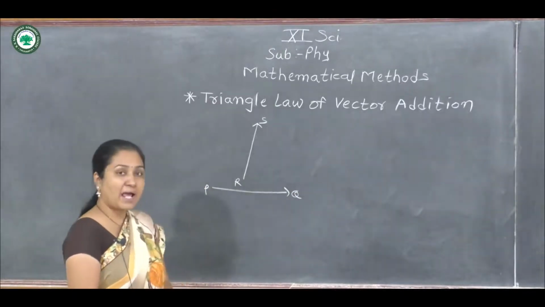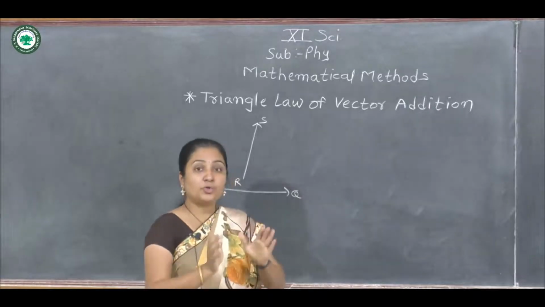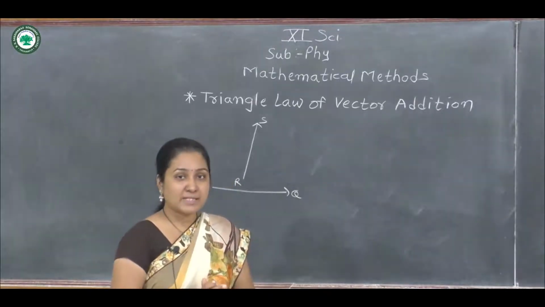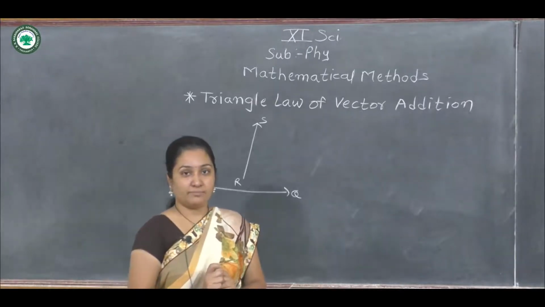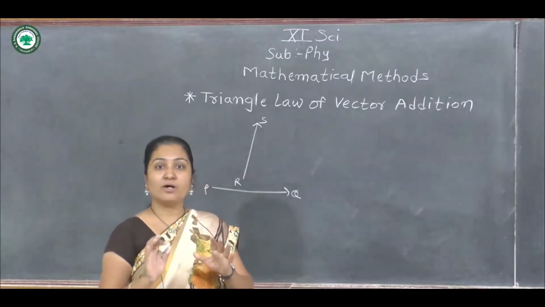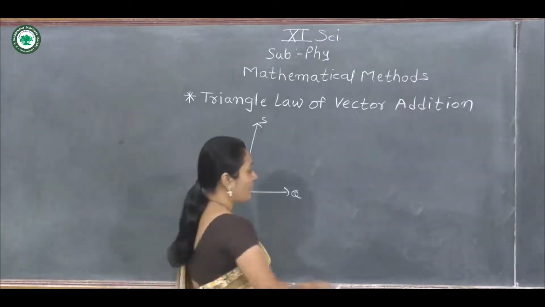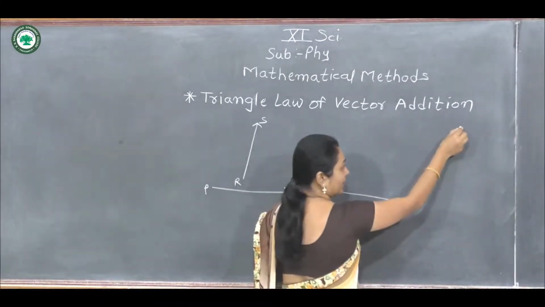Now in this triangle law of vector addition, if two vectors are represented in magnitude and direction by the two sides of a triangle, means for example the same vectors we can draw here.